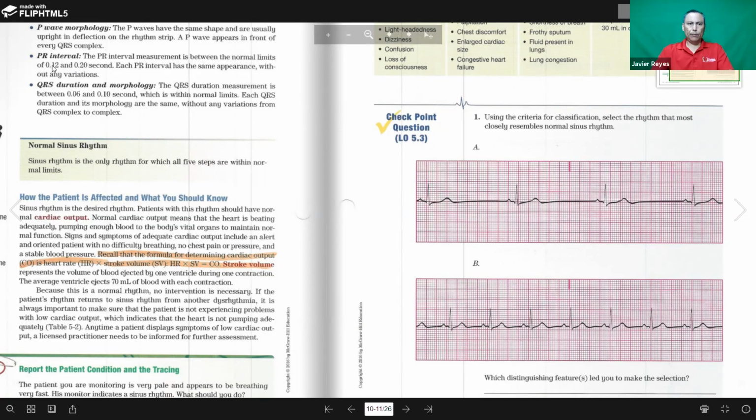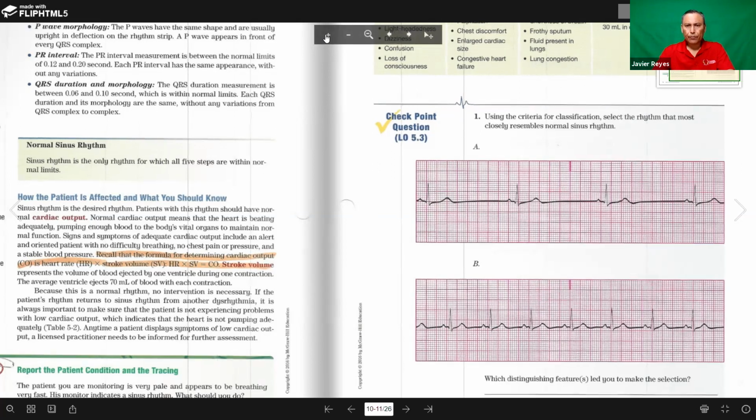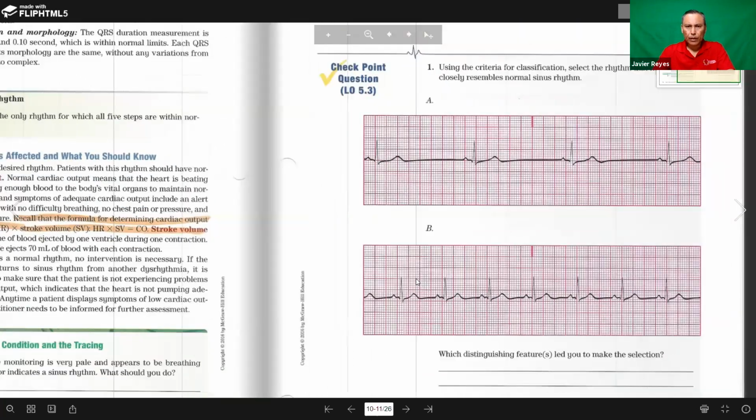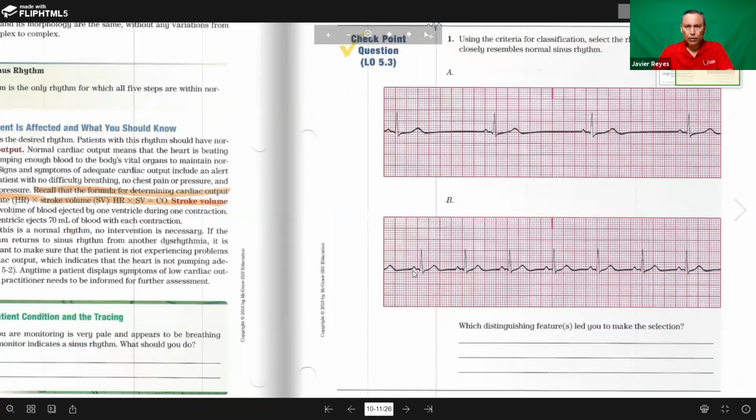Exactly. 0.12 to 0.20, or 3 little squares to 5 little squares. So you measure it from here to here, and it's about 3 little squares. I can't see it that well, but it's like 1, 2, 3. So it's within normal ranges. So the PR interval is normal.